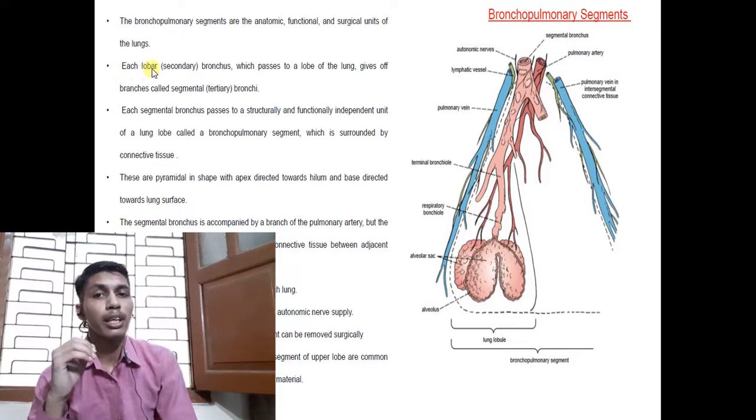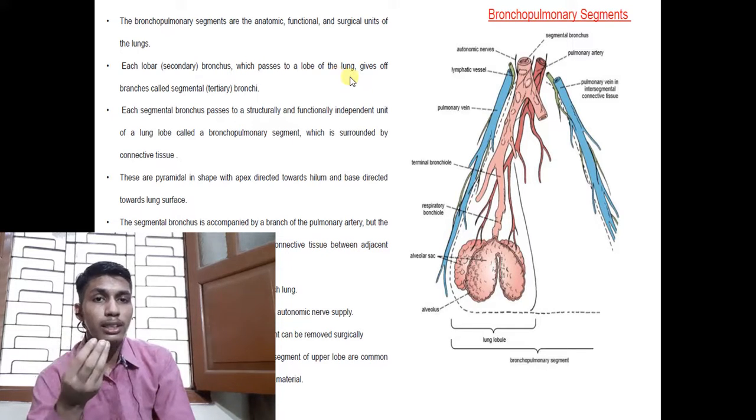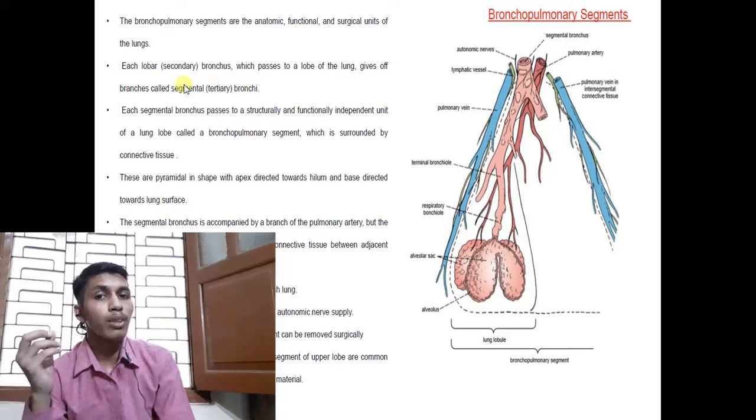So here we study that each primary bronchus is the principal bronchus, which divides into the lobar bronchus, that is the secondary bronchus, which reaches the lobe of the lung and gives off its branches.